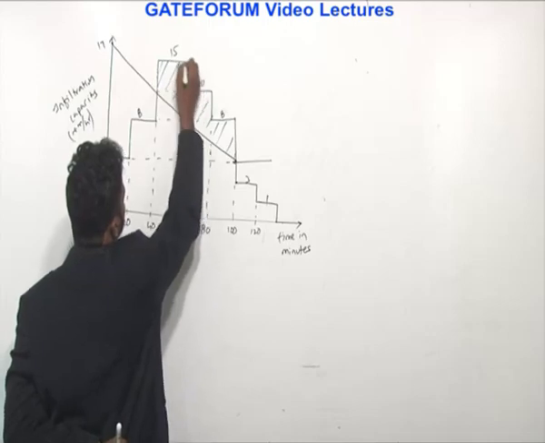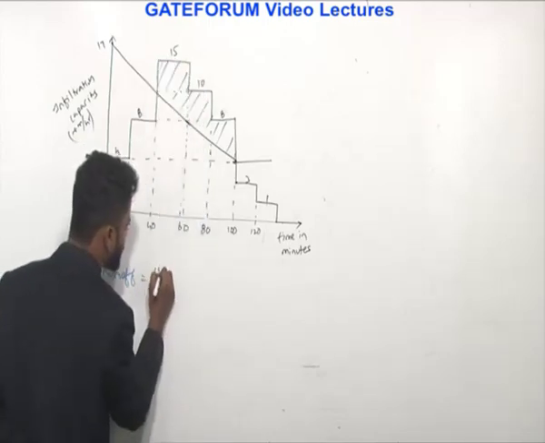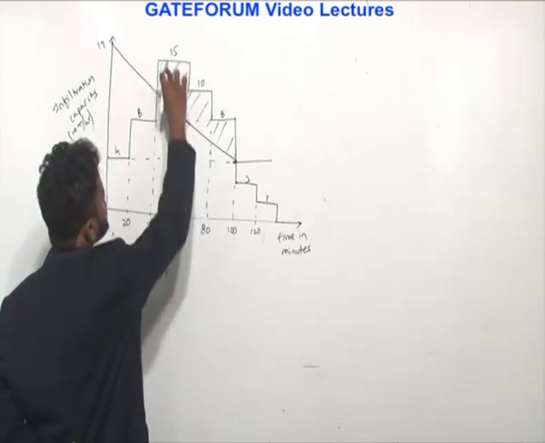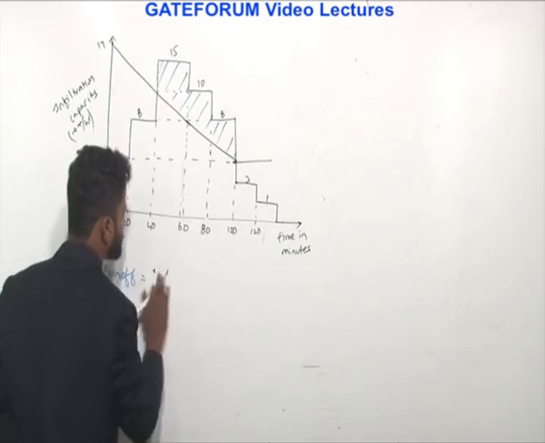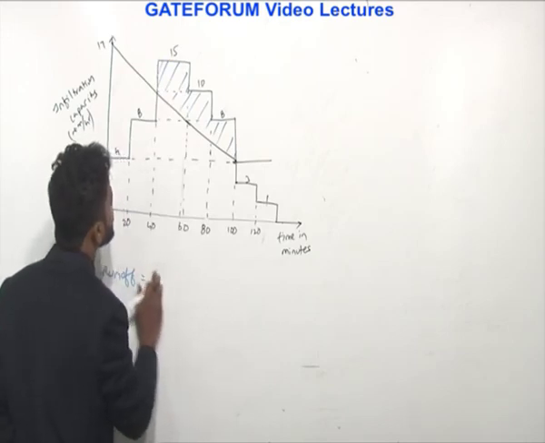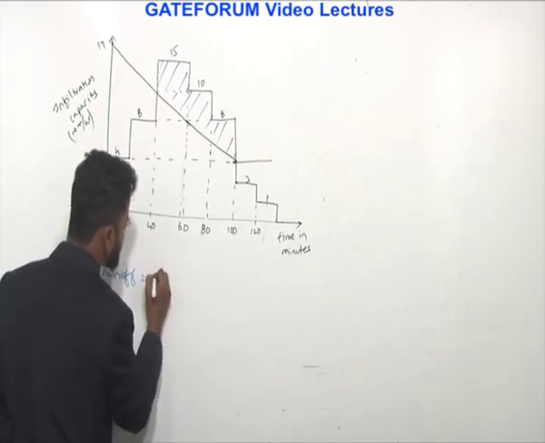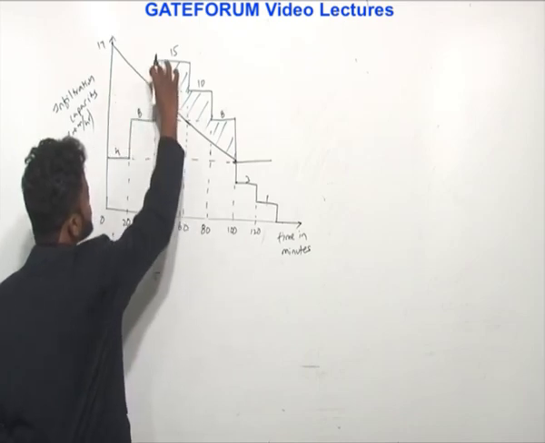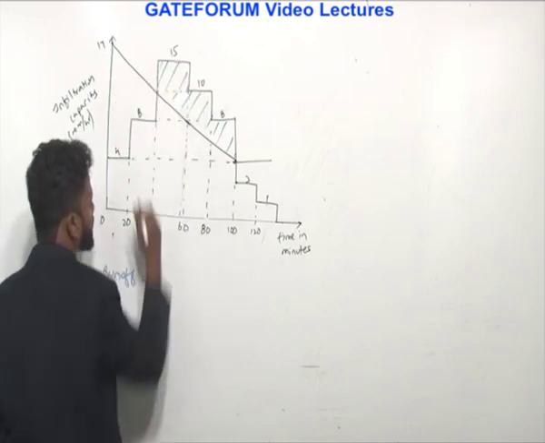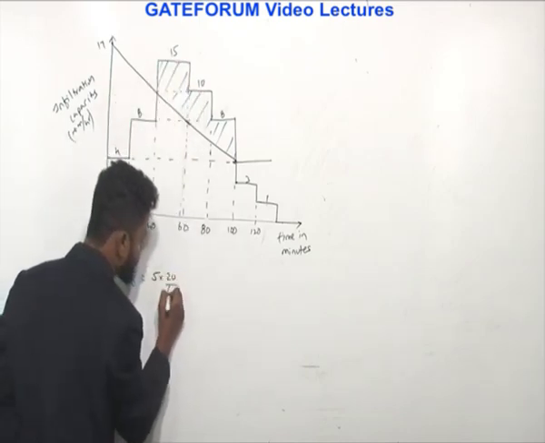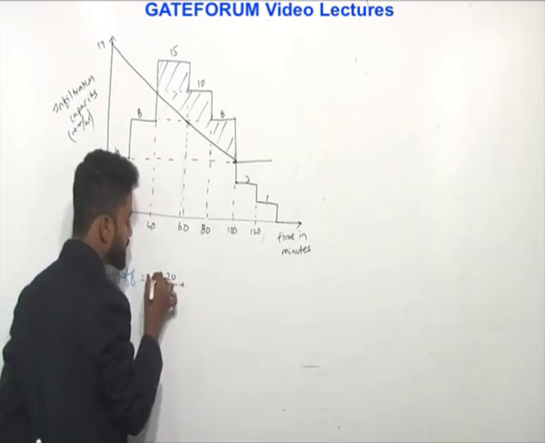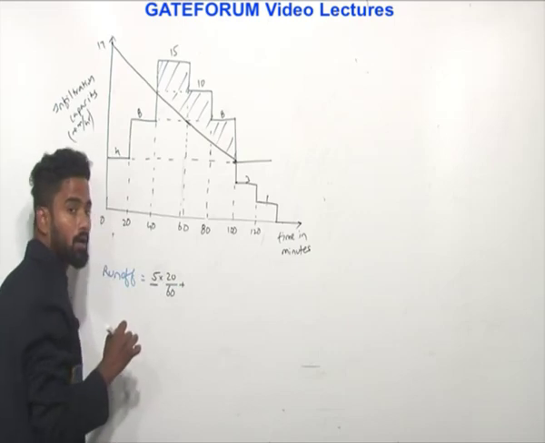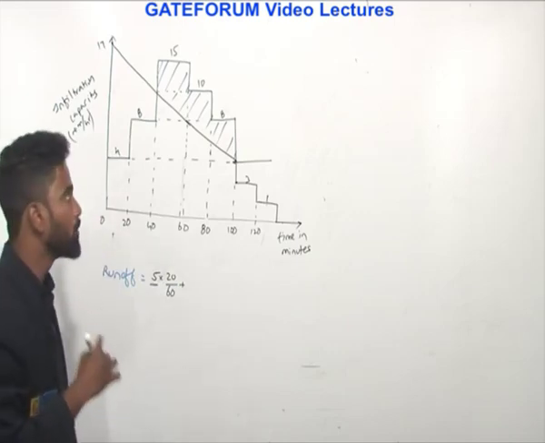This is a rectangle, so that rectangle would be 15 multiplied with this height, which is 5. Because this is 10, this height is 5, multiplied with 20 by 60, because the time is given in minutes and the rate is in mm per hour, so I am calculating it in total mm.